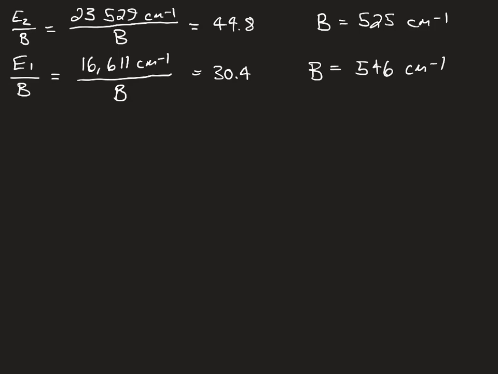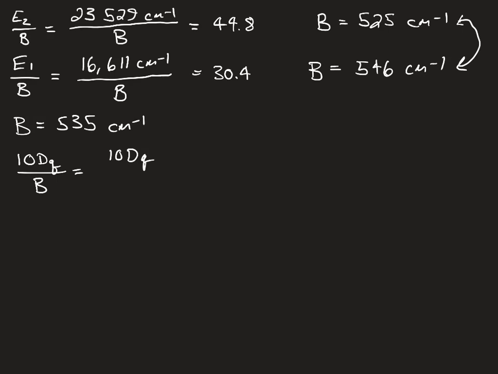What we're going to do is average these two together to get the average value for B. So the value for B that we're going to report is 535 wave numbers. Going through, we're going to now calculate the value for 10Dq. So 10Dq over B is equal to 10Dq over 535 wave numbers, which is equal to 34.5.